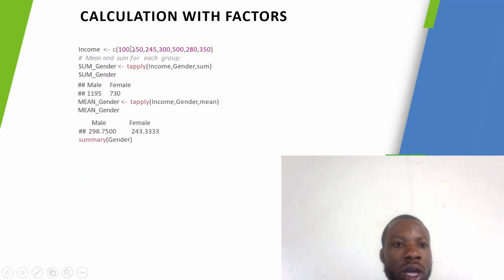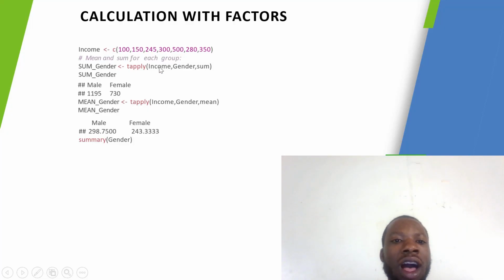And then, let's say I have an income variable, and I want to calculate the mean and sum of each group. If I use tapply, I'm trying to calculate the average of income based on gender, but also the sum. Sorry, not mean.